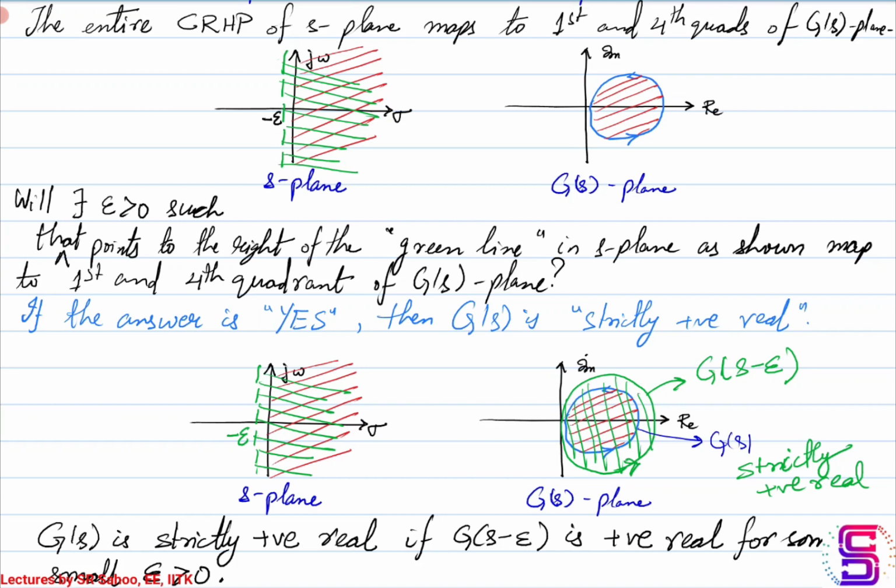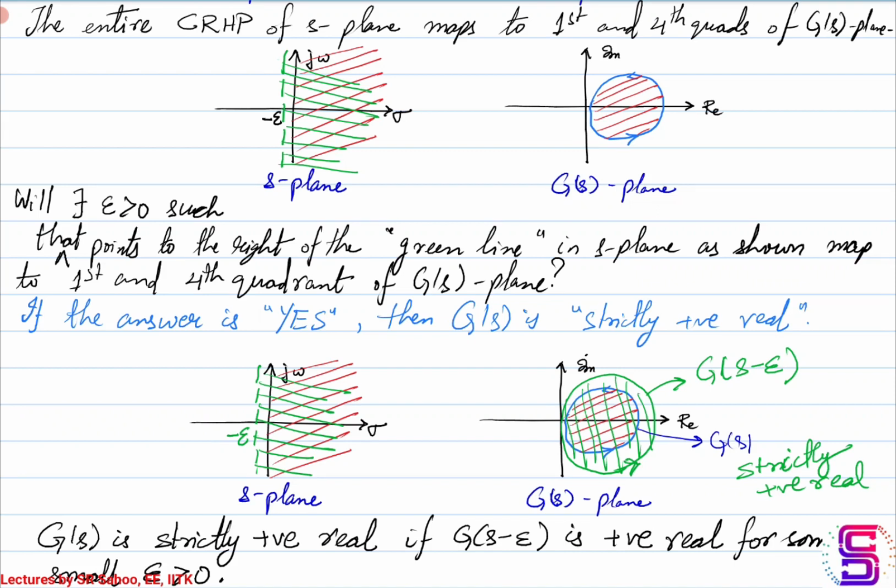We know that G(s) is a positive real transfer function. So we want to check: if I have such an epsilon, then everything to the right of the minus epsilon axis, including the minus epsilon axis, will that map under the action of the transfer function to the first and fourth quadrant in the G(s) plane?